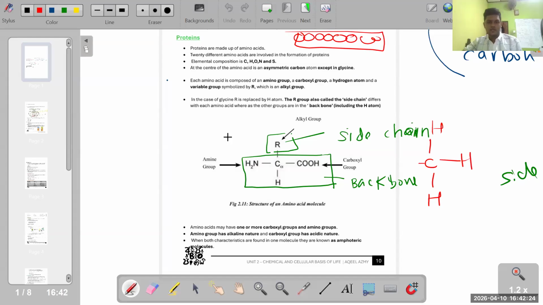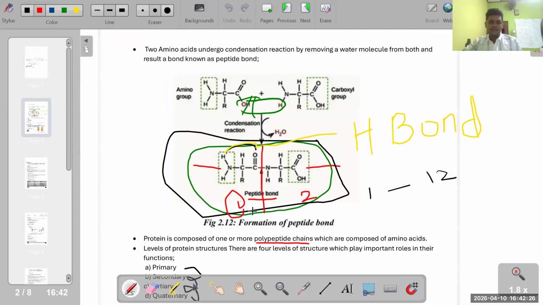Now, with this knowledge, tell me, hydrogen bond is formed between what groups? Two backbones. Your idea is correct, but there's a small mistake.